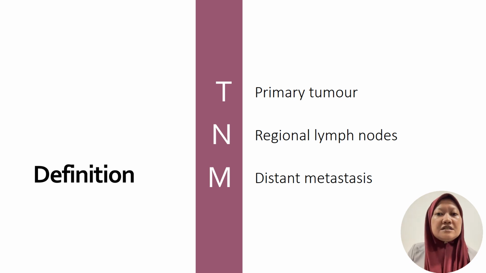M checks for the presence of distant metastasis, indicating whether the cancer has spread to other parts of the body. By utilizing the AJCC staging system, healthcare professionals can accurately determine the stage of breast cancer, which is essential for guiding treatment decisions and predicting patient outcomes.